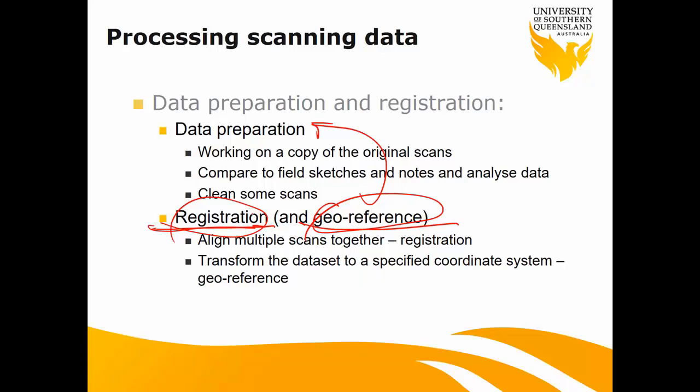But sometimes we can do registration and georeference together. After this, we have combined the scanning data from different scan stations and put them into a specific coordinate system, for example MGA94 or any other coordinate system you want.